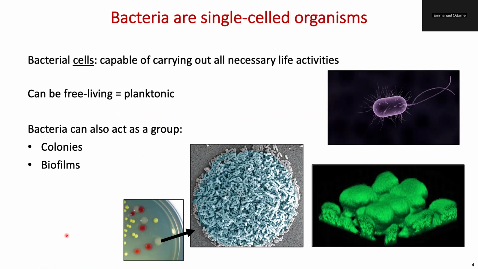Under this slide, we are going to talk about why bacteria are single cell organisms. Basically, bacteria are just cells, and they are capable of carrying out all necessary life activities. They can be free living, which is planktonic, and they can also act as a group.